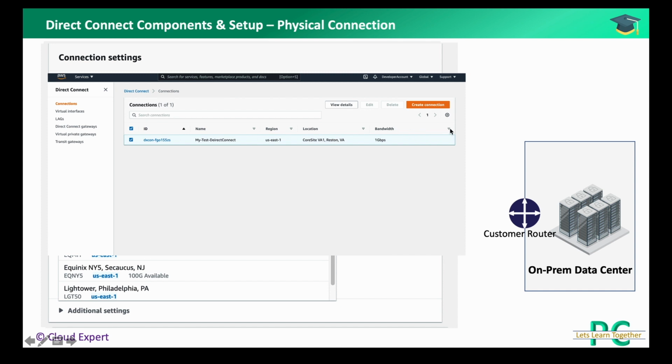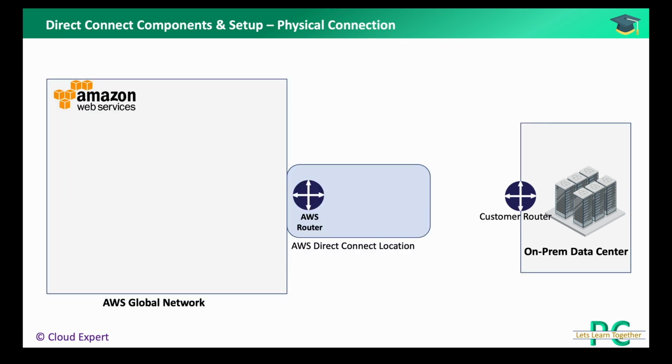Once that connection has been created, that means I have selected the nearest AWS Direct Connect location which is closest to me. And once you have created that connection in the AWS console, you will get a letter of authorization, or LOA. You have to take that LOA to that AWS Direct Connect location where you will have a router waiting for you to be connected.